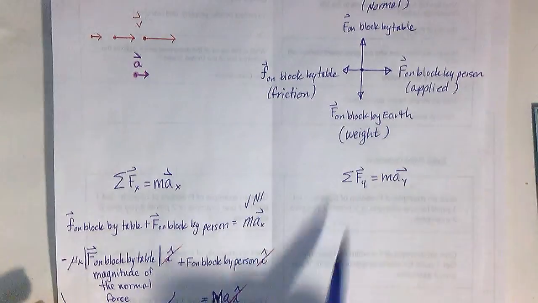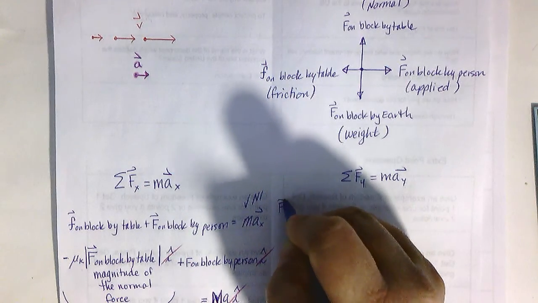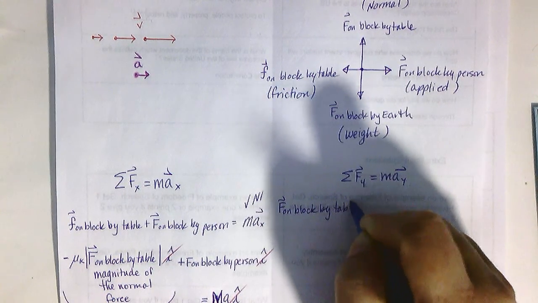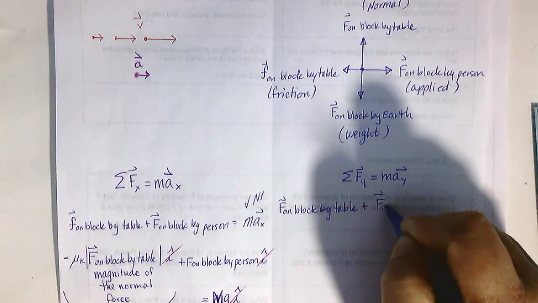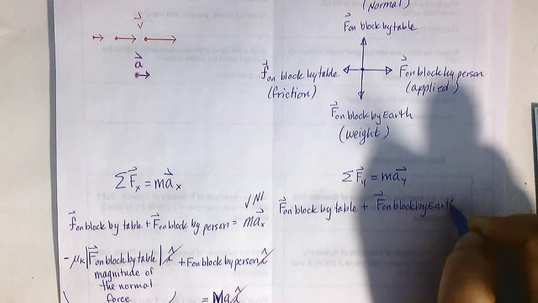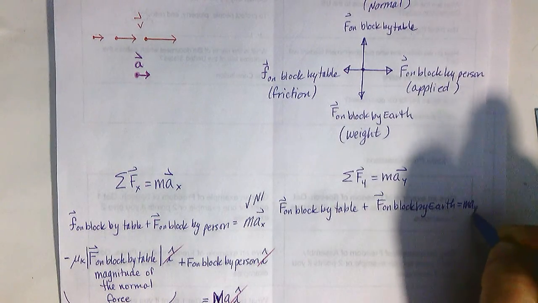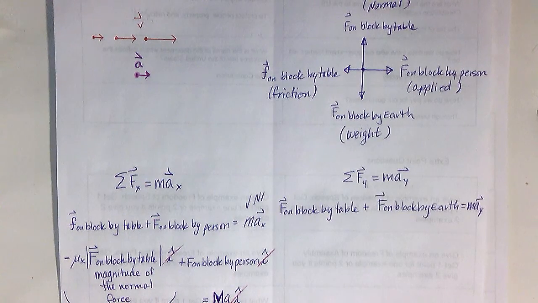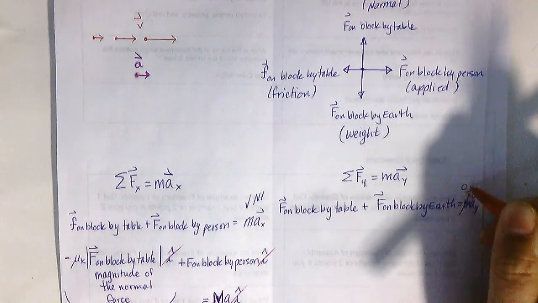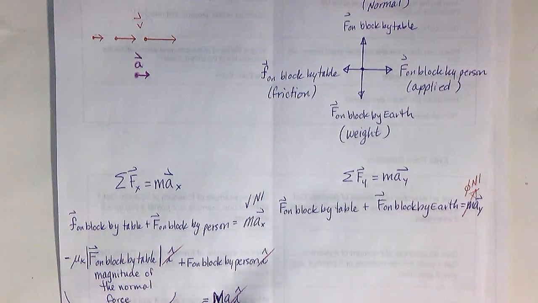Adding up the forces acting in the y direction, I have force on block by table plus force on block by earth, and that's equal to ma sub y. Am I accelerating in the vertical direction? Look at your free body diagram. Look at your motion diagram. No, we're not. So I'm going to set this equal to 0, Newton's first law.